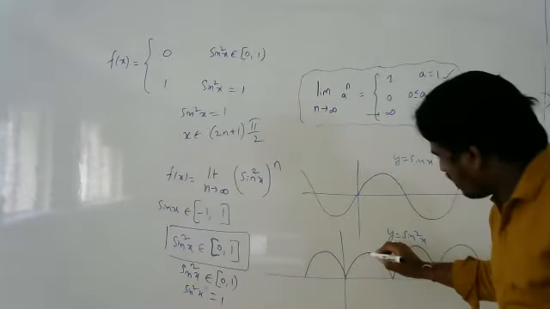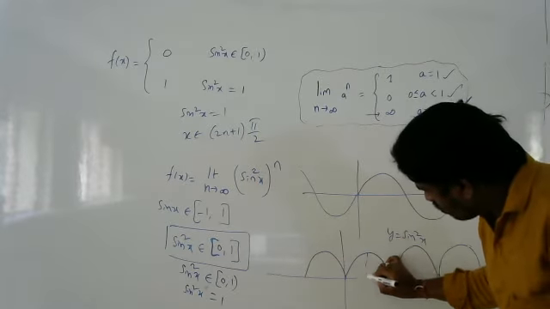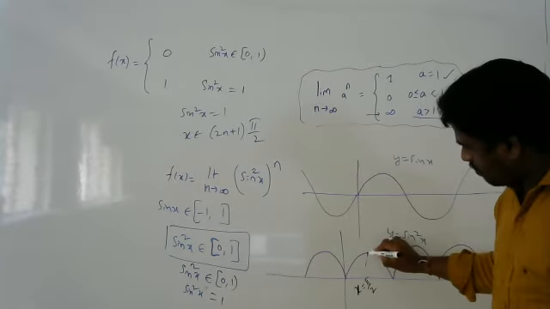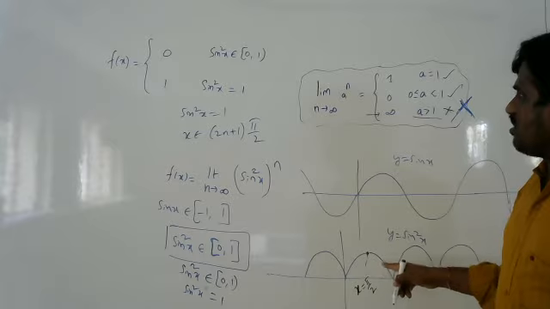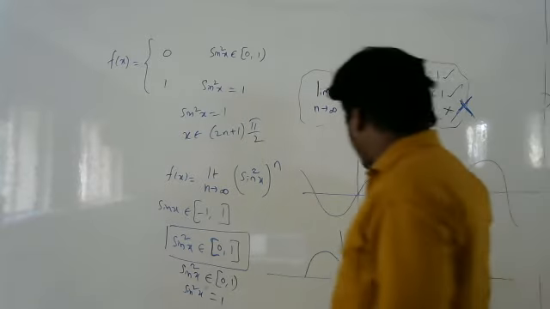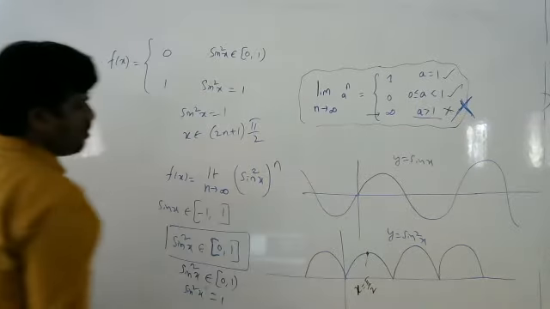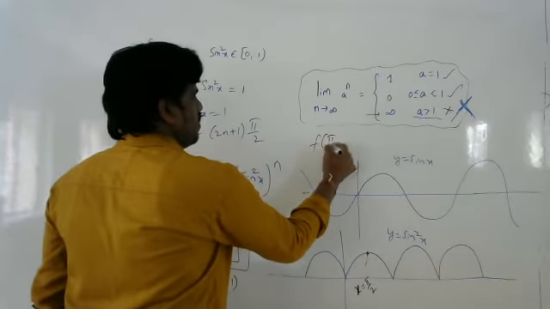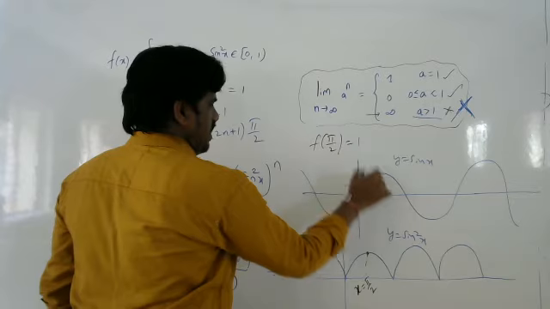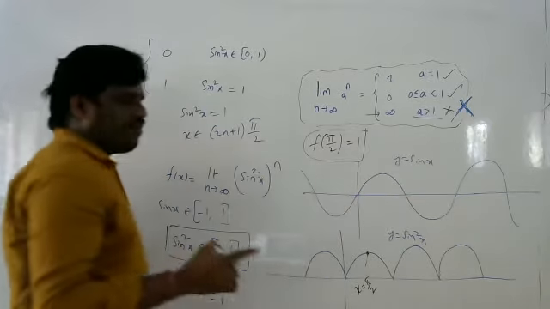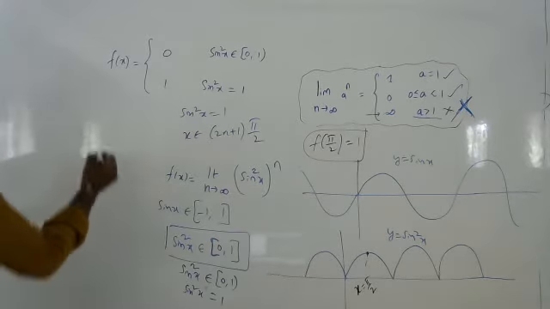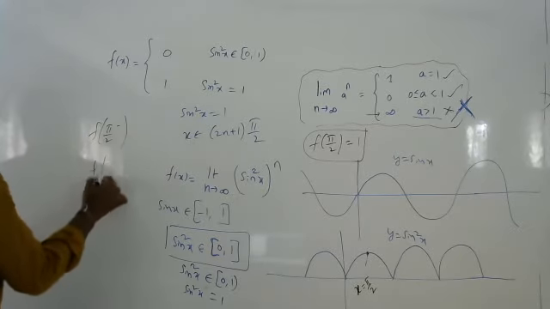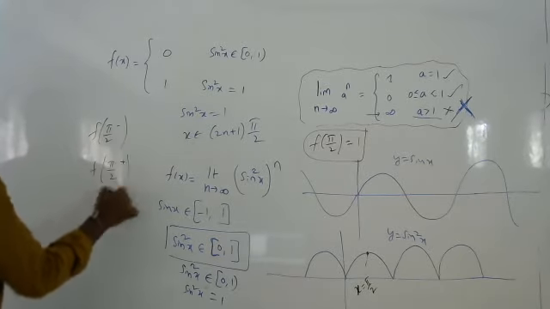See graphically, let us take x equal to pi by 2. If I take x equal to pi by 2, I will get one answer, meaning f of pi by 2 is 1. Now I require the left hand limit and right hand limit, f of pi by 2 minus and f of pi by 2 plus.